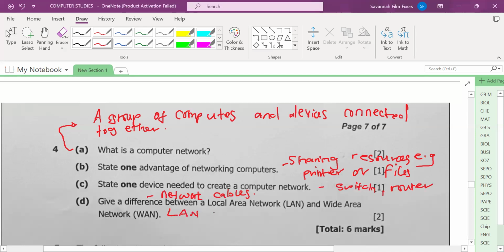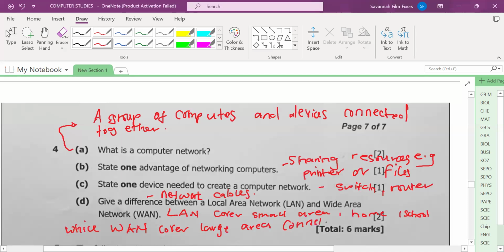A local area network covers just a small area, like your home, school or office, while a wide area network will cover a large area. It actually connects multiple LAN networks.